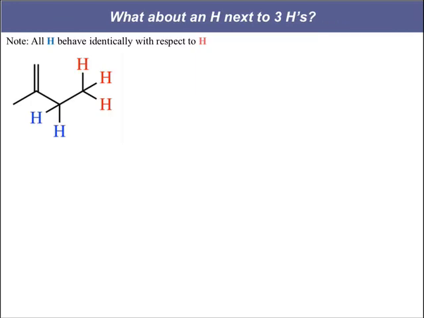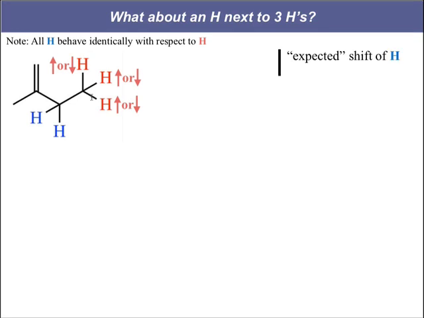Let's look at an example where we have H next to 3 H's. So again, we've got the blues that are next to 3 H's. Let's imagine what's going to happen here. Each H could be up or down. Each red H could be up or down.